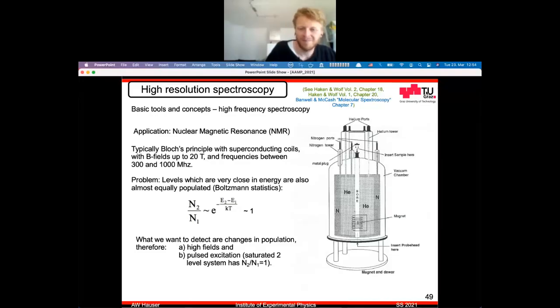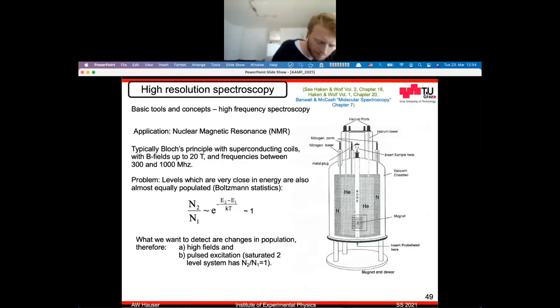Because the Einstein coefficients for absorption from 1 to 2 and for induced emission from 2 to 1 are the same, if they are not degenerate in the upper and lower level. So it's happening at the same time that you have an excitation from 1 to 2, as you see a de-excitation from 2 to 1. So in a continuous radiation, in a two-level system, you would only get a 50-50 population. So it will be the same in both levels.